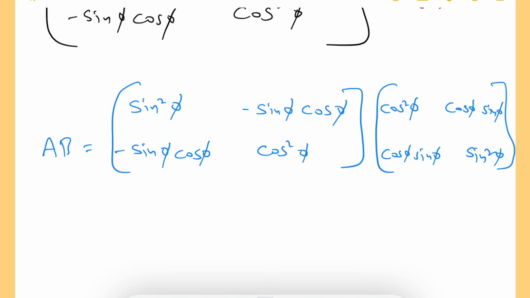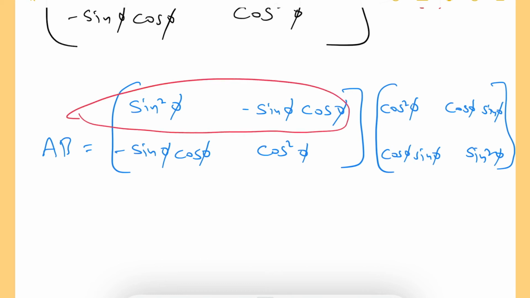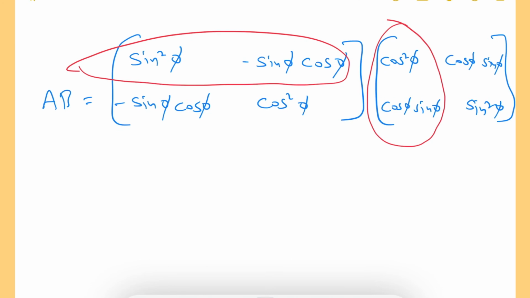Okay, now let us multiply these. First row into first column: sine square phi into cos square phi gives sine square phi cos square phi; minus sine phi cos phi into cos phi sine phi, that gives minus sine square phi cos square phi.